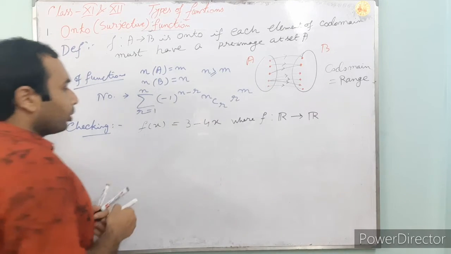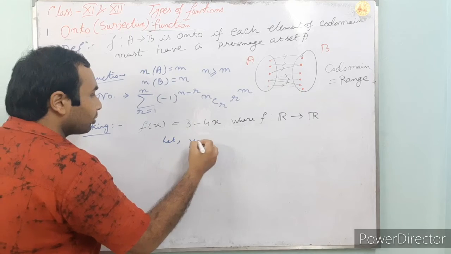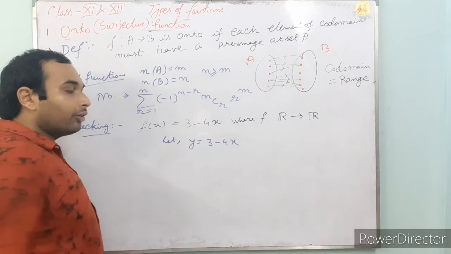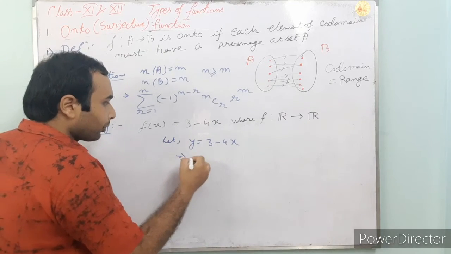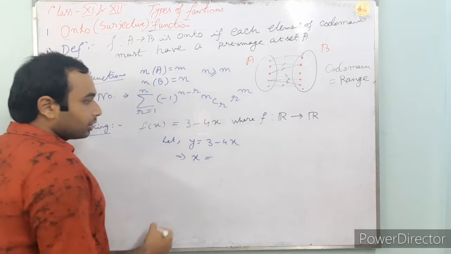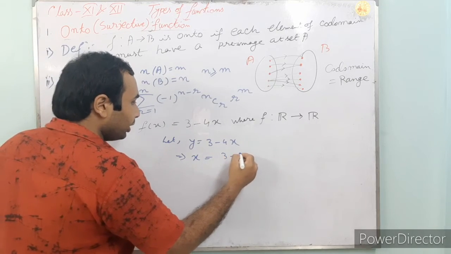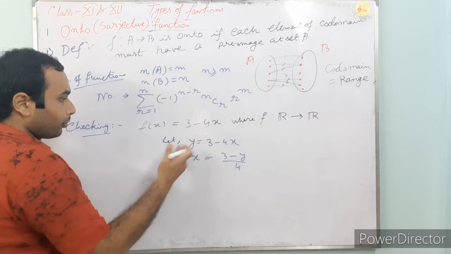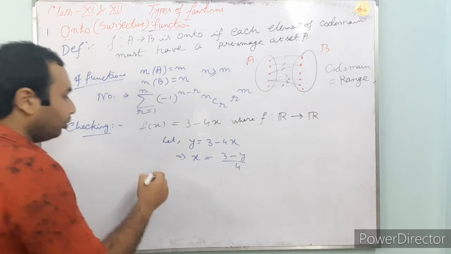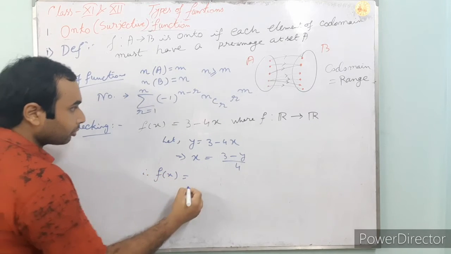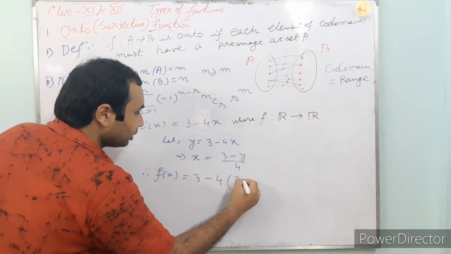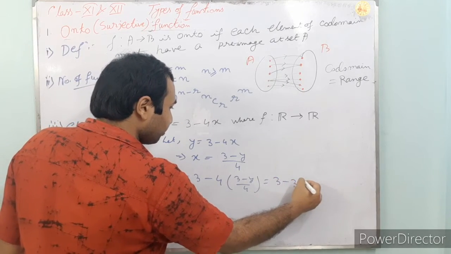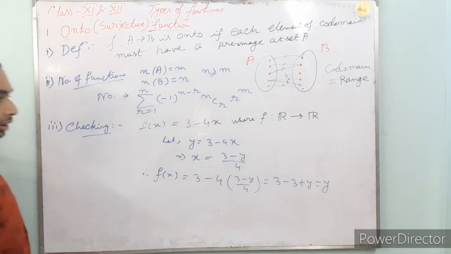So how to check this? Let y = 3 - 4x. That means we are taking one image, y = 3 - 4x. Now from here we can say x = (3 - y)/4. Now f(x) = 3 - 4 times (3 - y)/4. So from here we get 3 - 3 + y, which equals y.